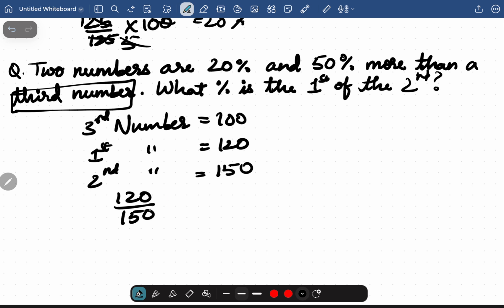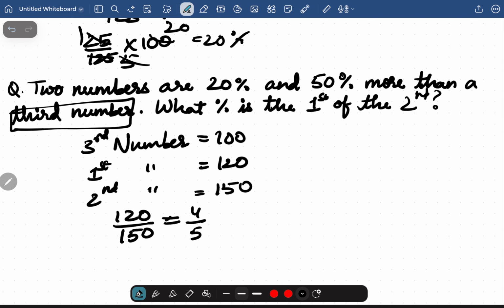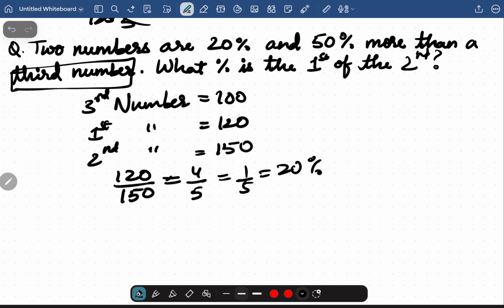So 120 by 150, which means 4 by 5. And in the previous problem, as we know, 1 by 5 is 20%. As we learned from part 1, the percentage table, 4 by 5 means 1 by 5 into 4. It means 20% into 4, it's nothing but 80%.